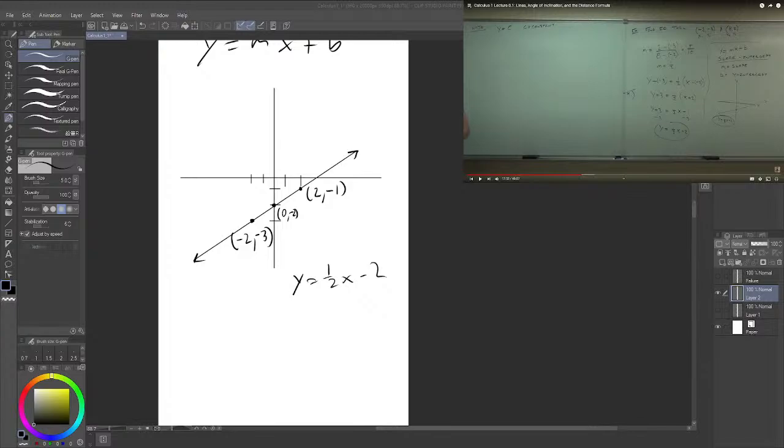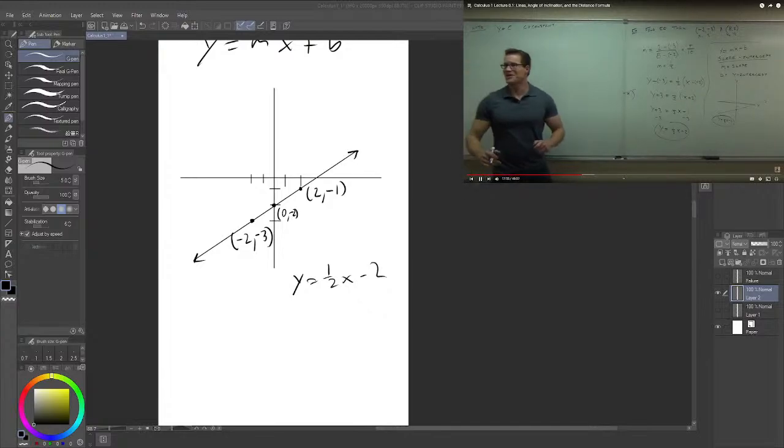Let me think. So if y is the constant, that means there's no x. It's like perpendicular to the x-axis, so straight up and down. Vertical. I don't know how to describe this.